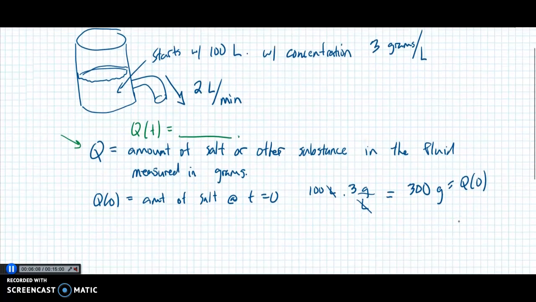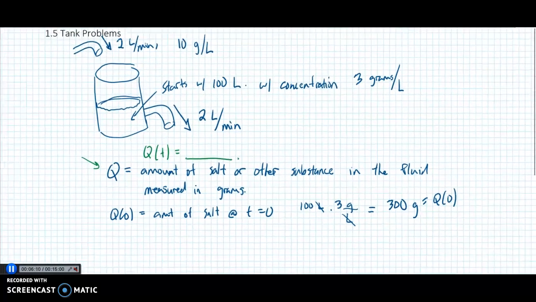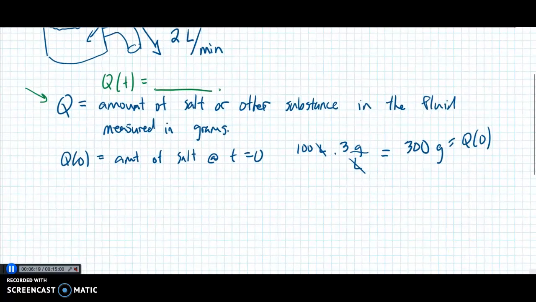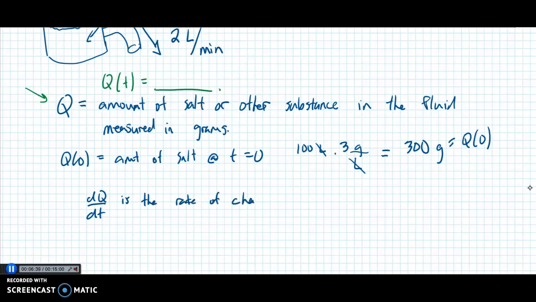Okay, so let's set up this problem. I probably should just zoom out for a moment. Okay, I'll zoom out when I need that info up top. So, dQ/dt. This is what I'm going to focus on. That is the rate of change.